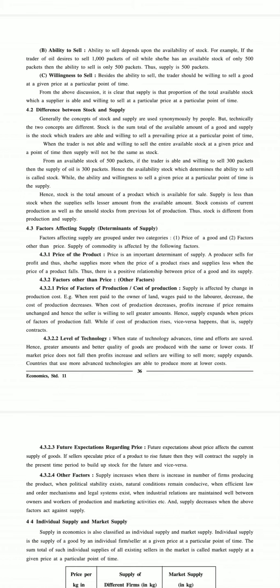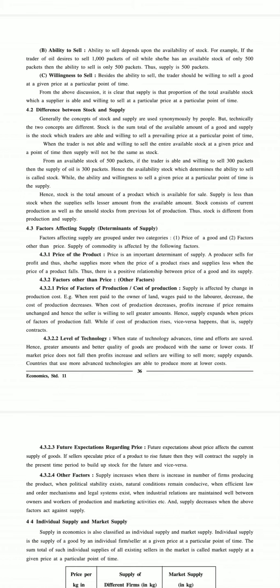Regarding the future expectations, as in demand, if the future expectation was that the prices are going to fall, currently the consumer will reduce their demand for the particular commodity. But here it is just the opposite.